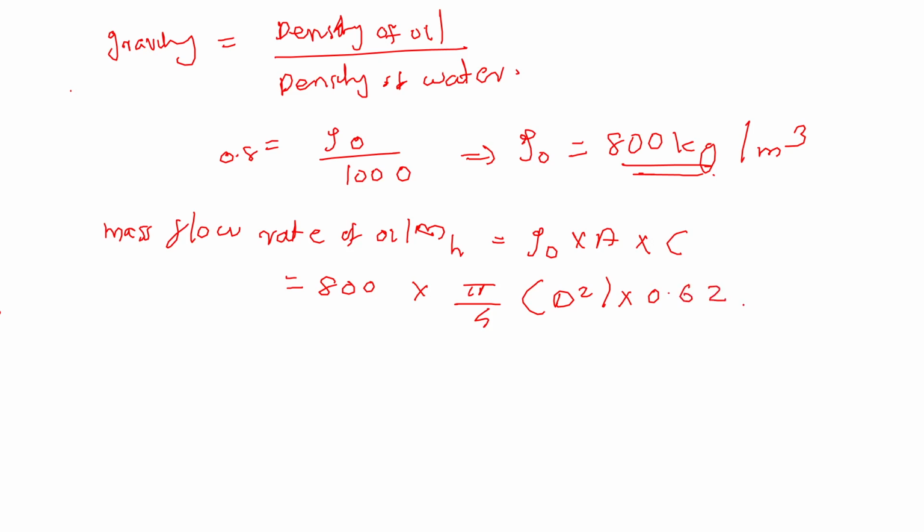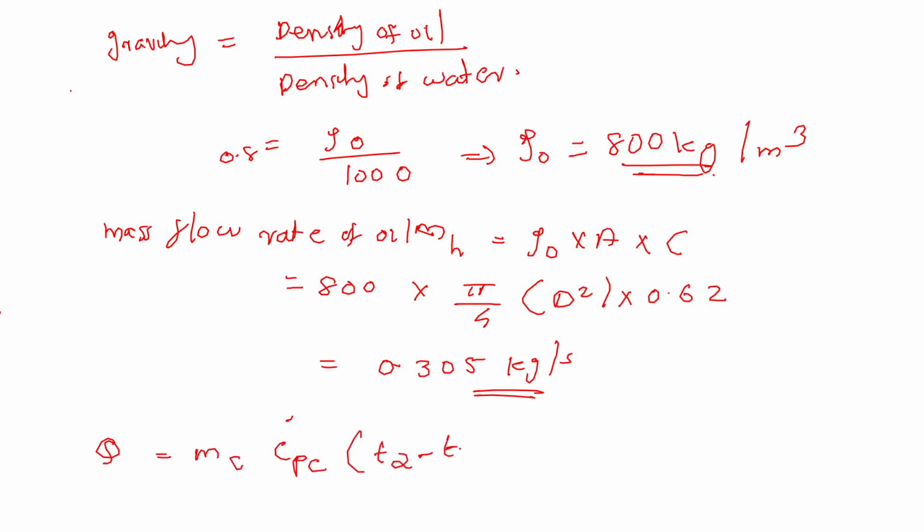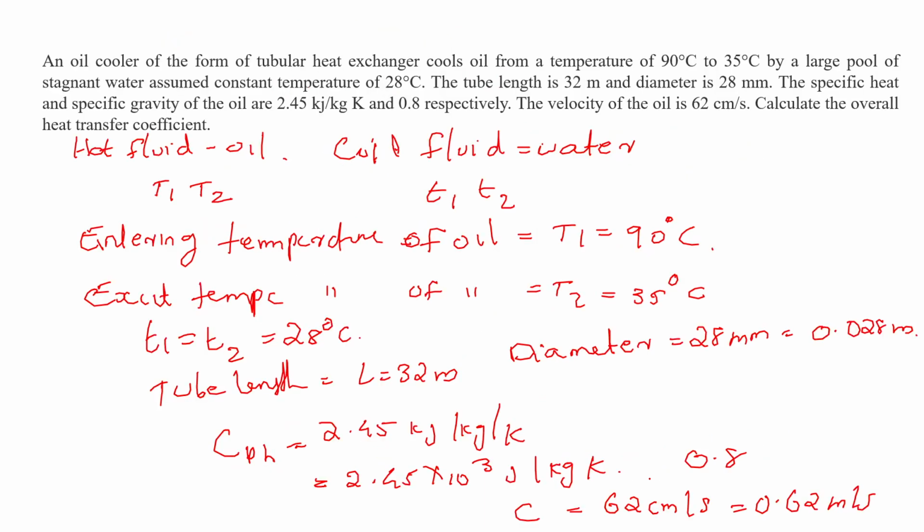Then you will get the answer, 0.305 kilogram per second. Now we have to calculate the heat transfer Q. Q will be m CPH times T2 minus T1. Just substitute and you will get the answer 41 times 10 to the power 3 watt. So first you please go through this, then we will see the remaining portion and we will find the value of temperature.